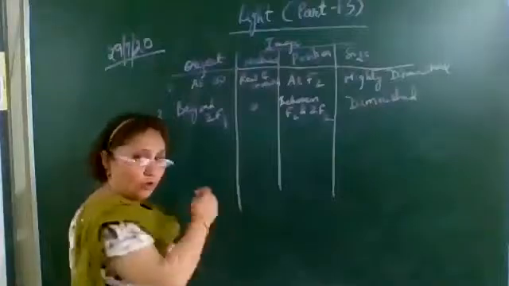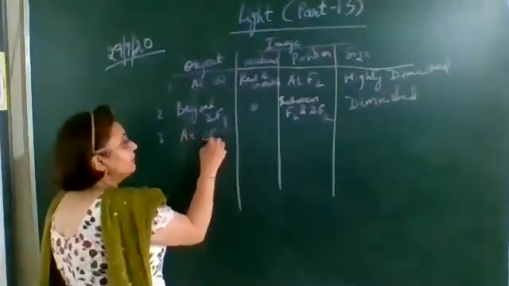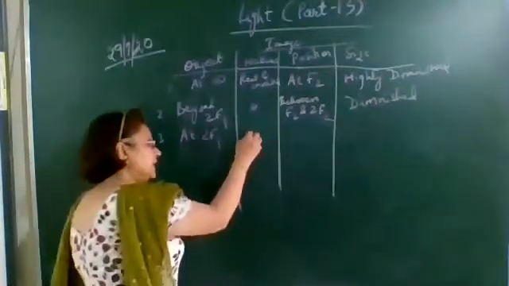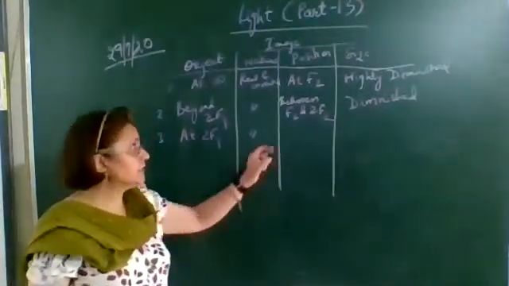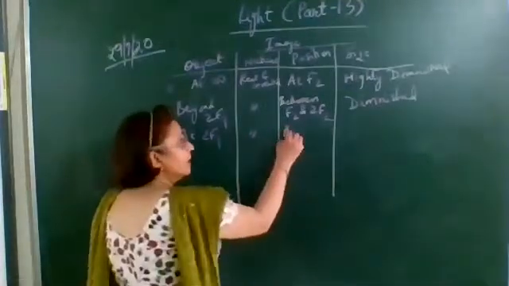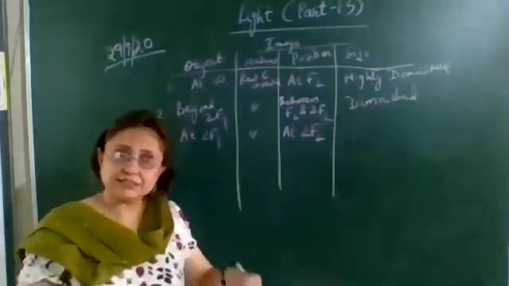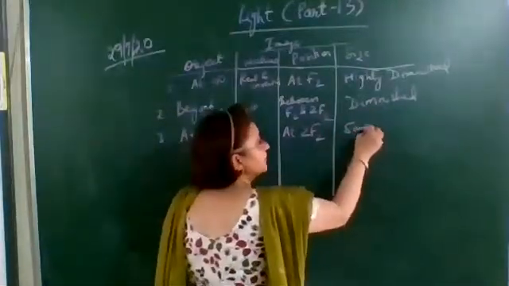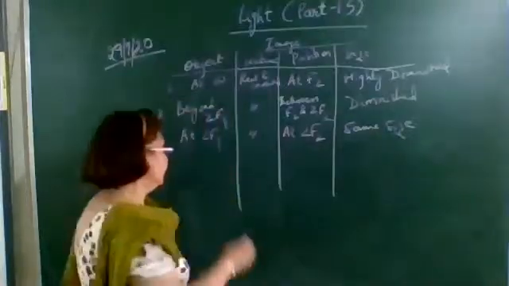Bringing it more closer, what is the next position? At 2f1. Placing the object at 2f1, we again see that the nature of the image is real and inverted. It is formed at 2f2, that is at 2f on the other side, on the right side, and the image is of the same size as the object.